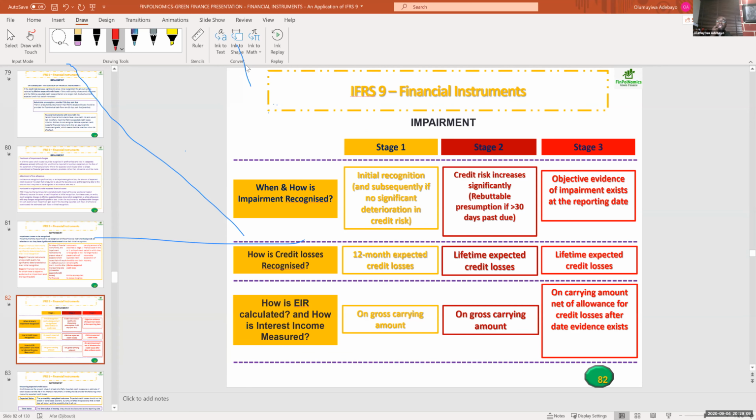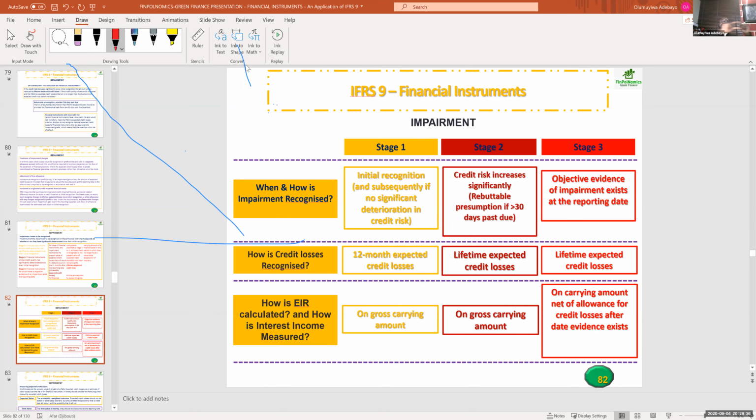The first question I'll ask myself is, when and how is impairment recognized? When and how is impairment on financial assets recognized under a general approach? The first thing is that I need to categorize. Of all my financial assets, let me say I have over 10 financial assets.